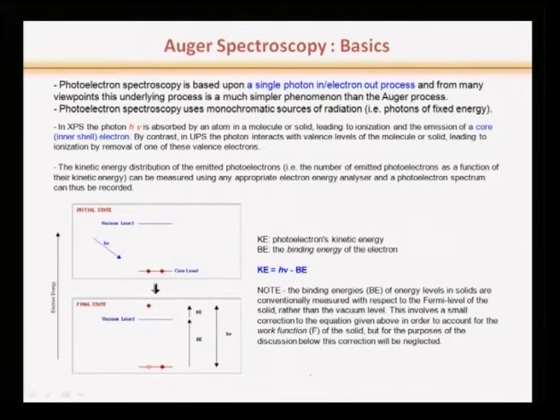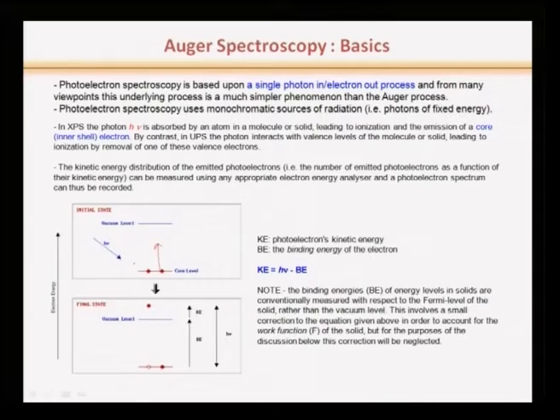In XPS, as I showed you, core electrons are emitted. In Auger, a photon comes in and emits a core electron, and this electron hits another electron in the outer shell, and that outer shell electron gets ejected.